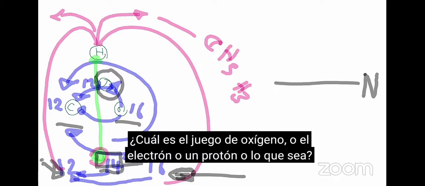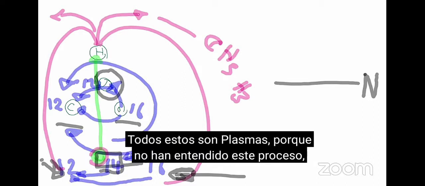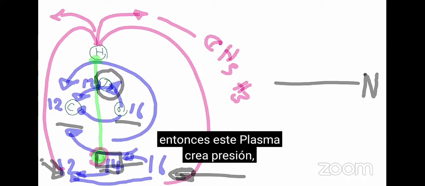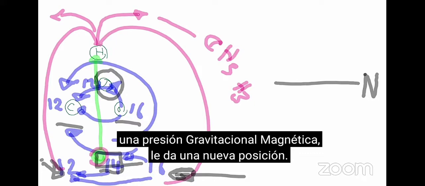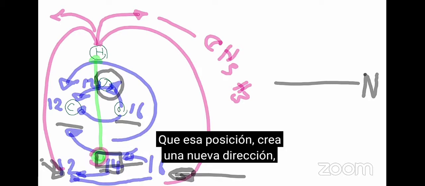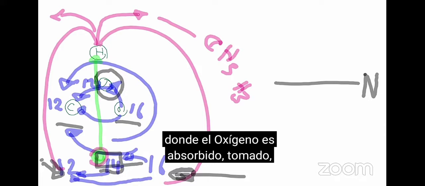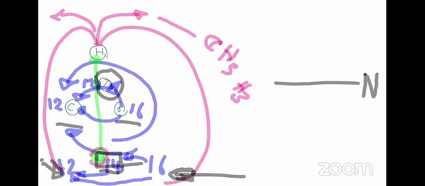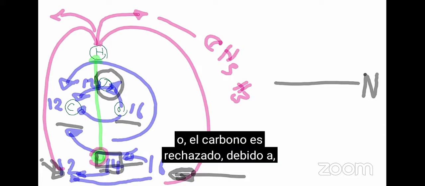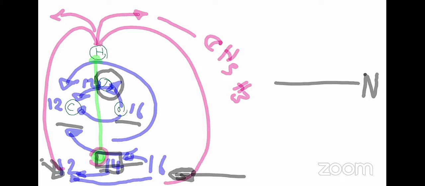What is the game of oxygen or the electron or a proton or whatever? These are all plasmas. Because they have not understood this process, this plasma creates a magnetic gravitational pressure, gives it a new position, which creates a new direction where the oxygen is absorbed, or the carbon is rejected, and vice versa.